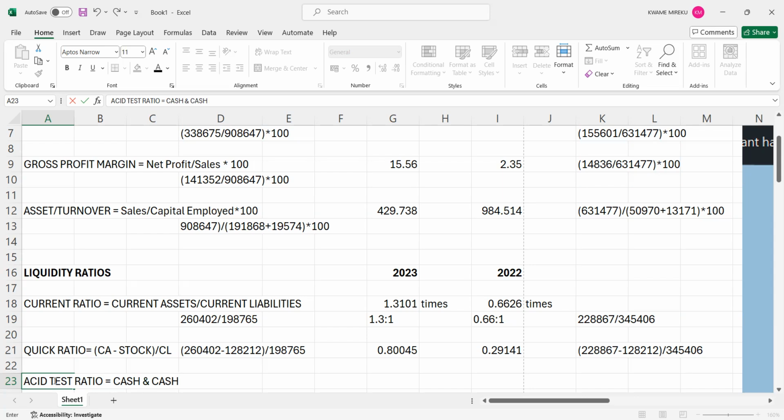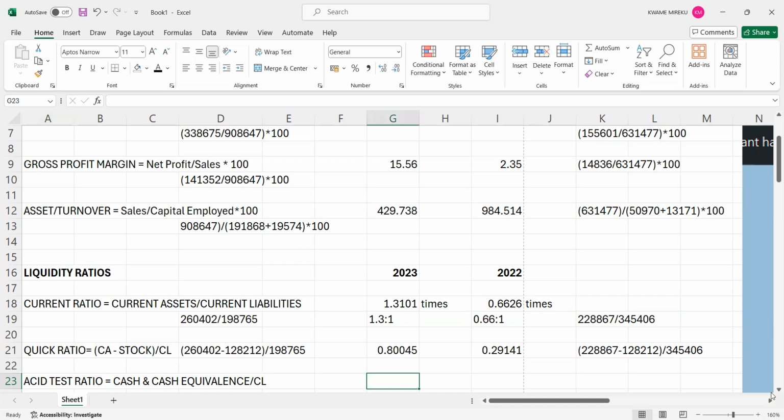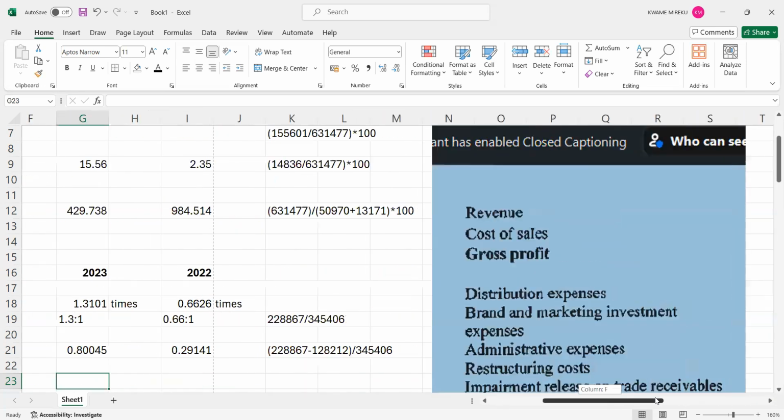That means your current assets less all other current assets, stock, prepayment, debtors, less of them to remain only your cash, either at hand or at the bank, or any liquid investment, if there's any, over your current liabilities.